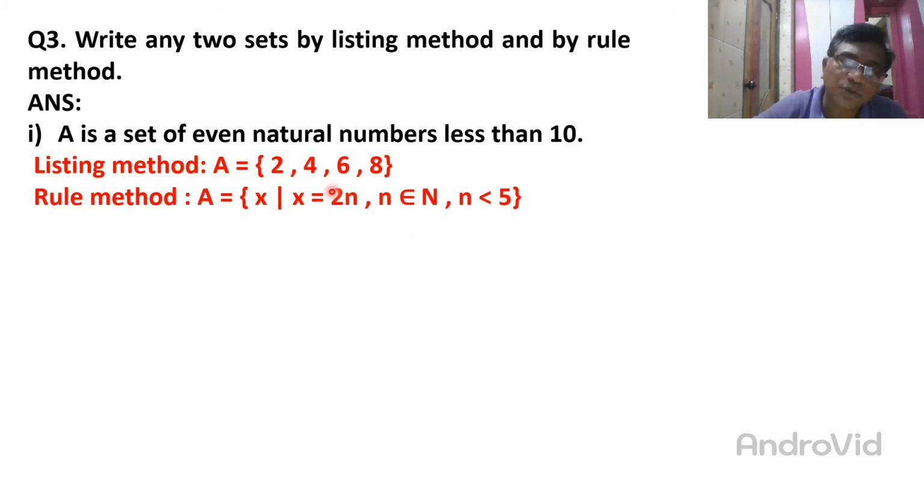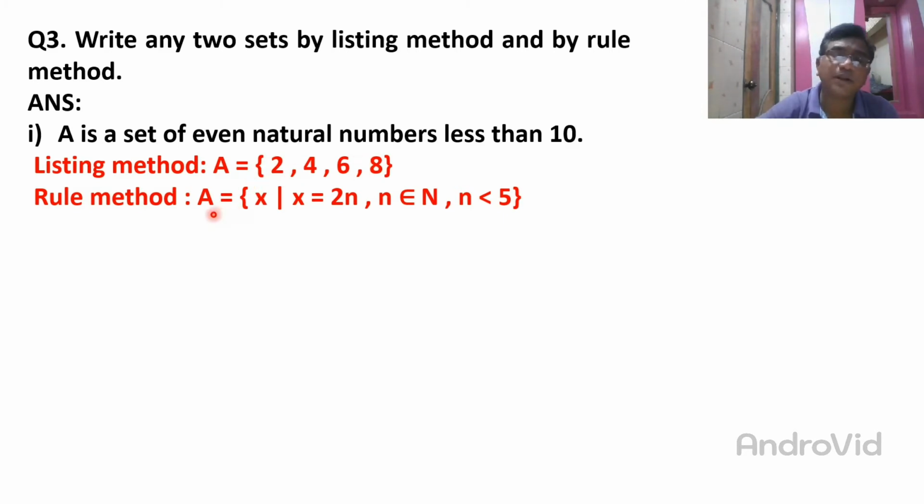So x is equal to 2n. So n is equal to 1: 2 times 1 is 2, so I write here 2. Then n is equal to 2: 2 times 2 is 4, so I write here 4. Then n is equal to 3: 2 times 3 is 6, so I write here 6. Then n is equal to 4: 2 times 4 is 8, so I write here 8. So you are getting 2, 4, 6 and 8 by the list method.